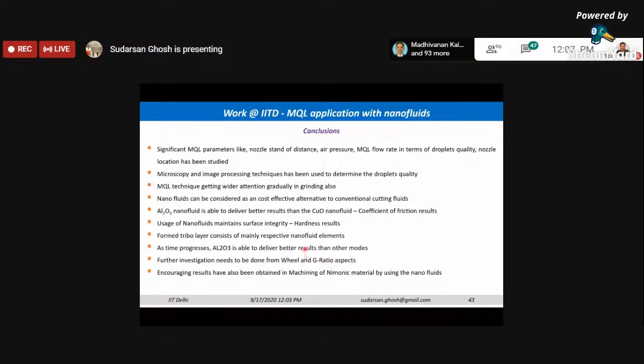So this is an open-ended thing which can be researched. Also, the results are quite encouraging, especially when we are using the nanofluids for Monel type superalloy machining.